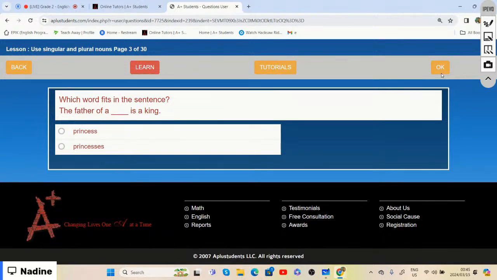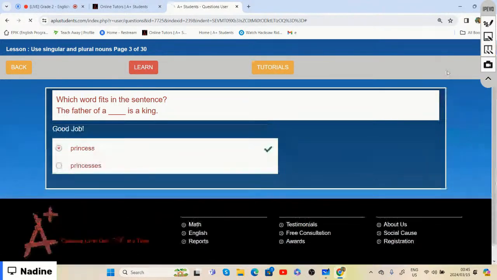So the father, we can say, of a princess, because remember they were saying a, right? So a refers to one. So the father of a princess is a king. So well done. Princess is correct.